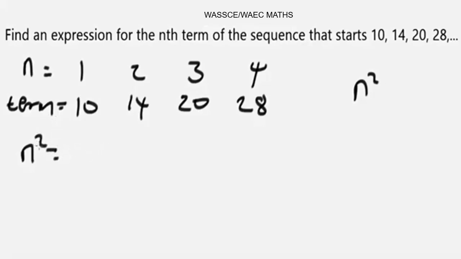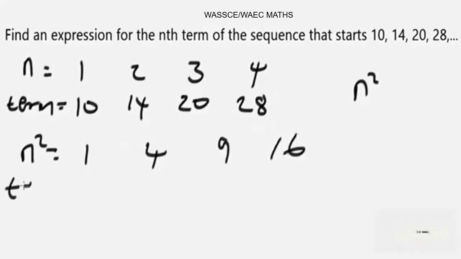So when n is 1, n squared is 1 squared, which gives us 1. When n is 2, 2 squared gives us 4. When n is 3, 3 squared gives us 9. When n is 4, 4 squared gives us 16.